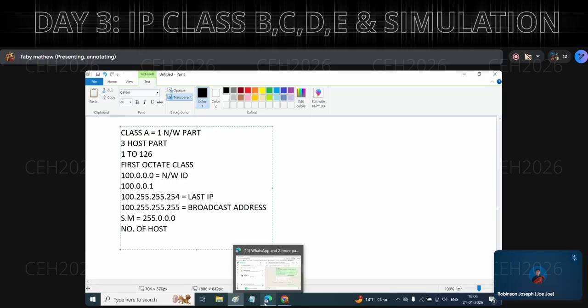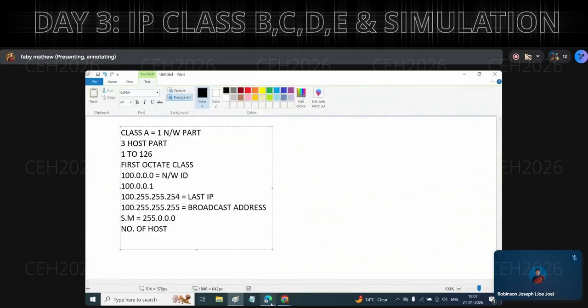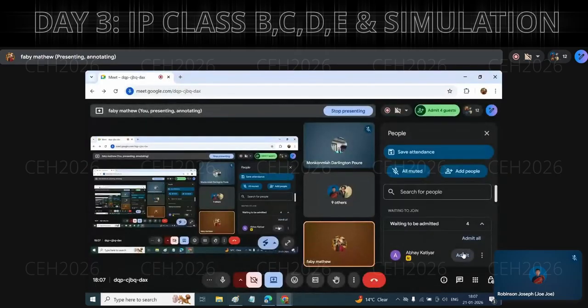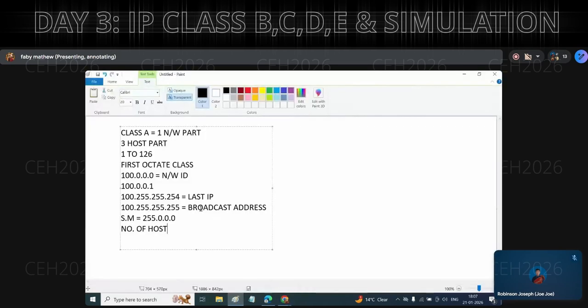Does anyone have any idea how many IP addresses we are able to create in the class A network? Suppose I created the IP 1, 2, this is the first IP address, and this is your last IP address.